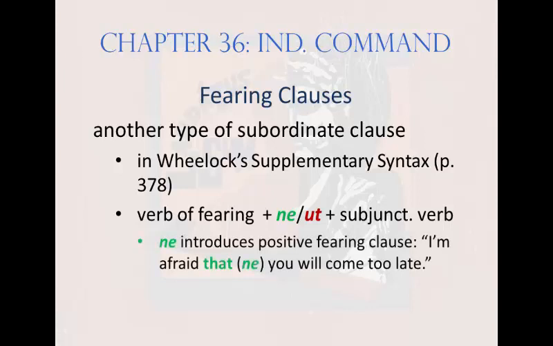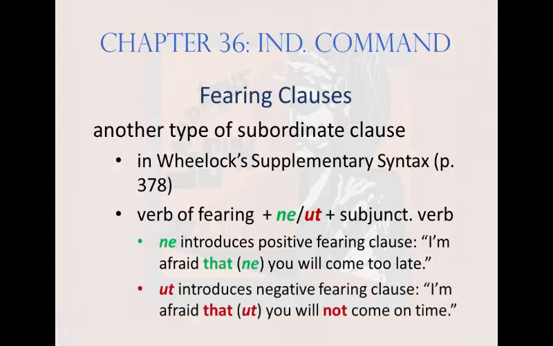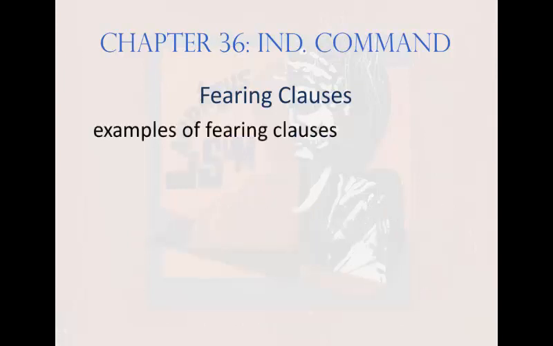Ne introduces a positive fearing clause, such as, I'm afraid that, ne, you will come too late. Ut begins a negative one, as in, I'm afraid that, ut, you will not come on time. Let's look at a few examples. First, a positive fearing clause.